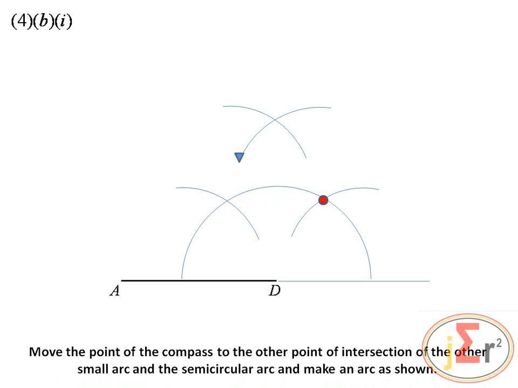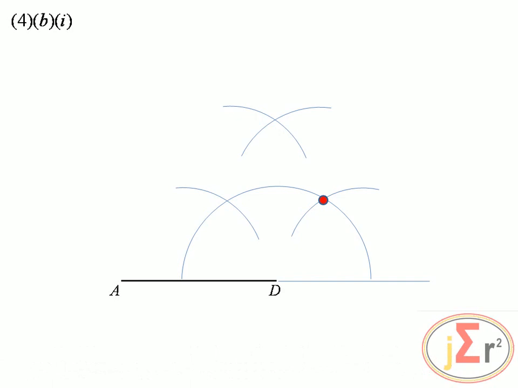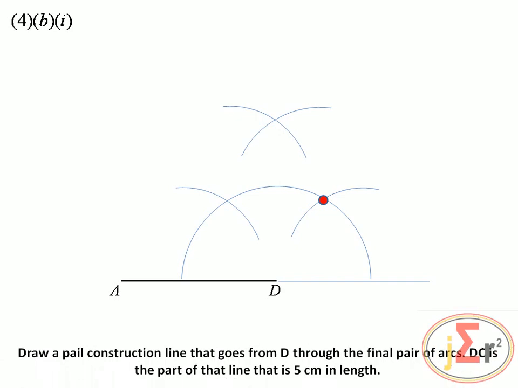And as I said before, there is no use drawing arcs or construction lines and not using them. We will finally make use of those two arcs by drawing a pale construction line that goes from D through the final pair of arcs. DC, the part of the line that is 5 centimeters in length, will be what we are attempting to draw.